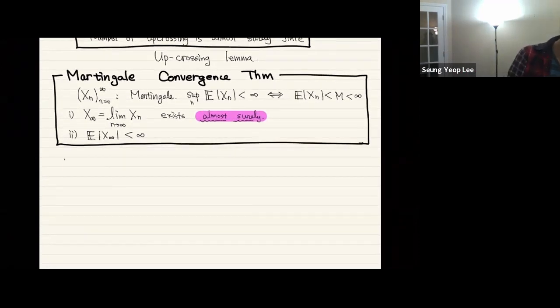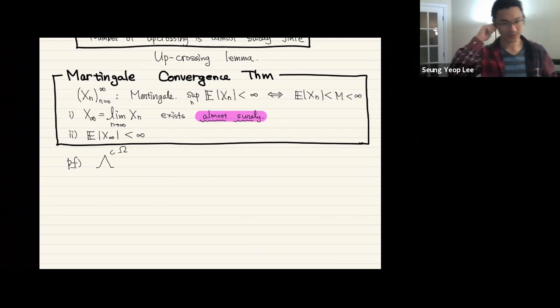Okay, let's start the proof. The proof is also interesting. Let's define the set which is not convergent. This is the subset of omega which represents all the cases where it is not convergent. What is the set of non-convergence?